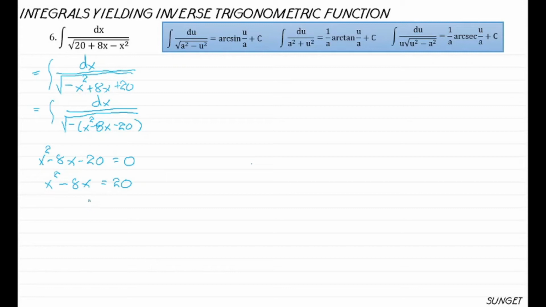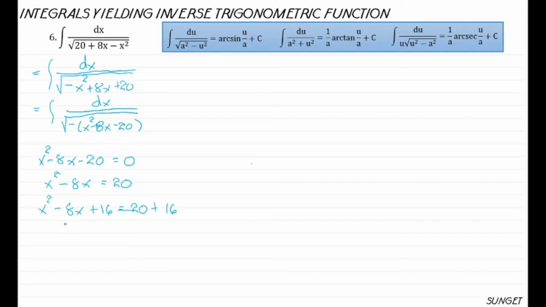Take the coefficient of x and divide it by 2. Negative 8 divided by 2 is negative 4, then squared is positive 16. Then add it to both sides of the equation. So x squared minus 8x plus 16 is equal to 20 plus 16.